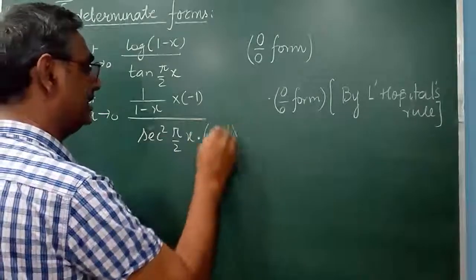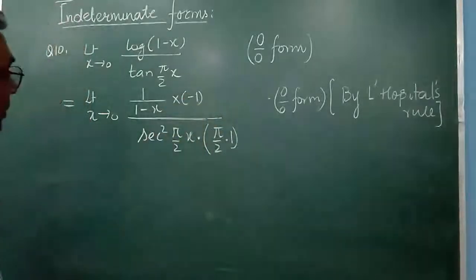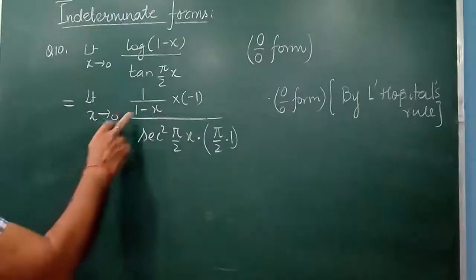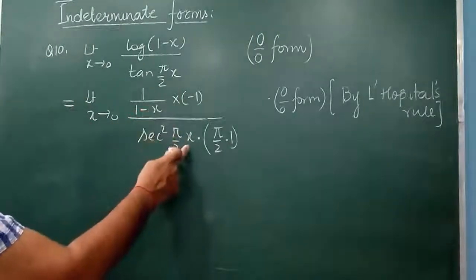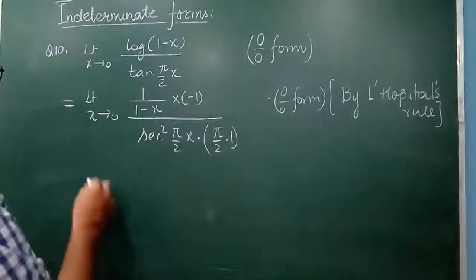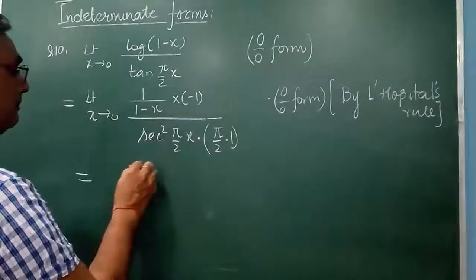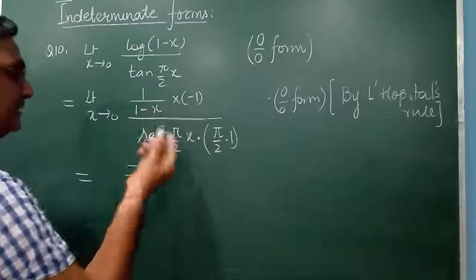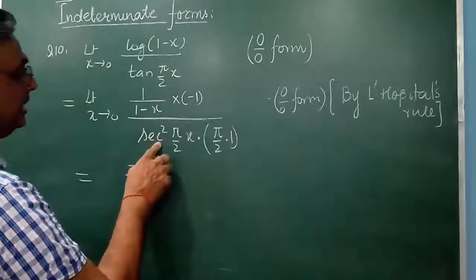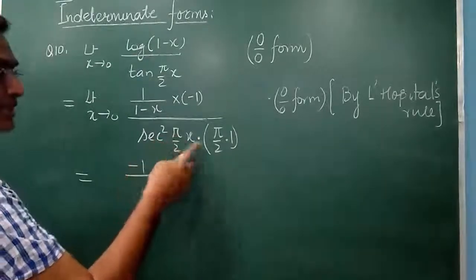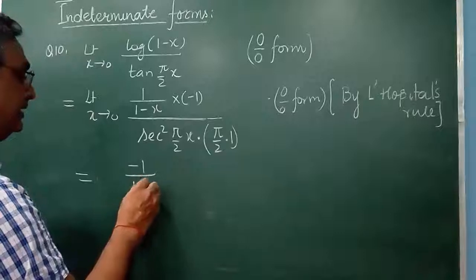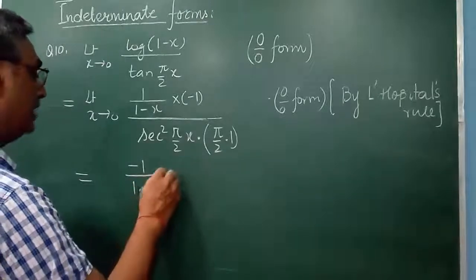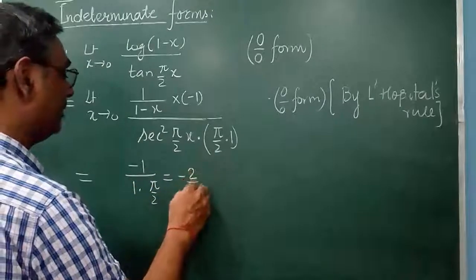So we can write it like this. Now we can put the limit here. This is 1 minus 0, this is minus 1, and sec 0 is 1. So here we will be having minus 1 because minus 1 upon 1 is minus 1, and here it will be sec 0, sec 0 is 1, into pi by 2. So answer will be minus 2 upon pi.